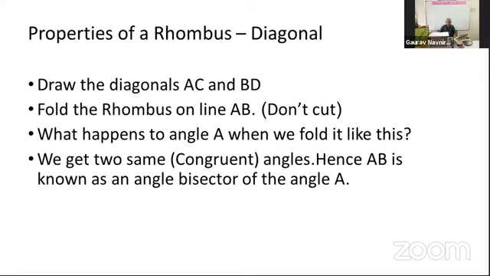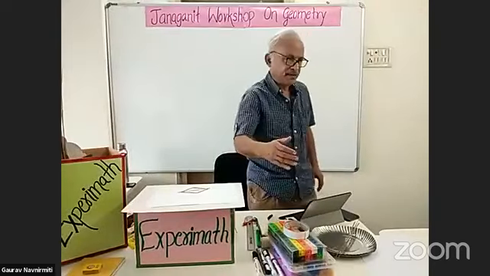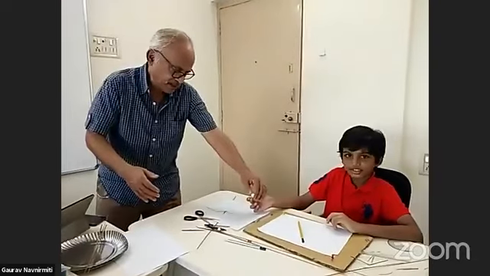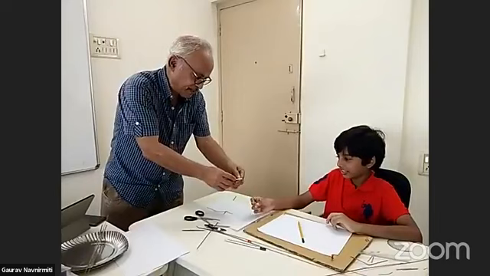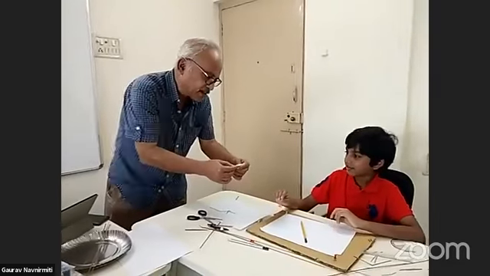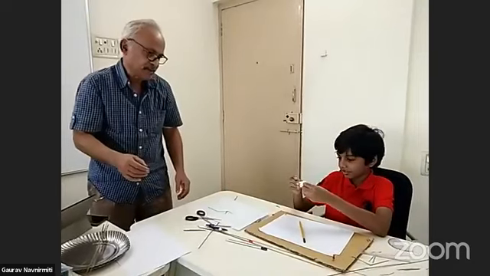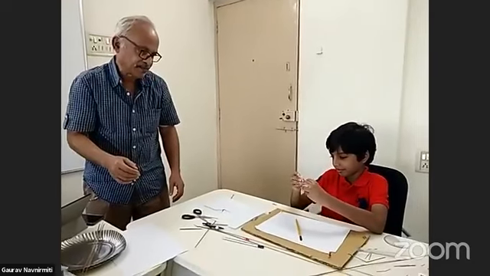Now, let's continue. Let's take the same angle which we made out of paper, and now let us fold along the other diagonal. Okay, Arnav, you have folded along this diagonal, along AD. Now fold it along BC. Exactly, yeah. Keep the mark.